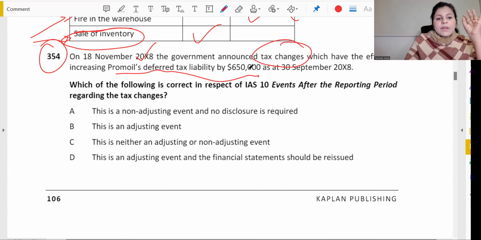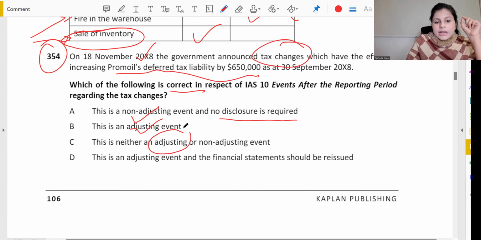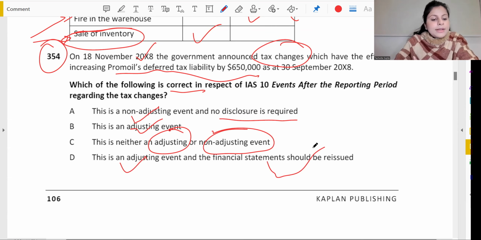What they're asking is, which of the following is correct? This is a non-adjusting event and no disclosure required. This is an adjusting event. This is neither an adjusting nor a non-adjusting event. This is an adjusting event and the financial statements should be reissued. Tell me. What do you think?